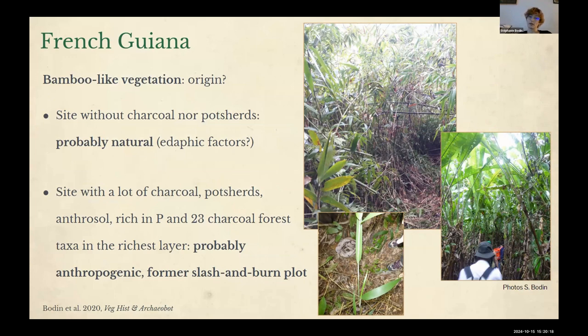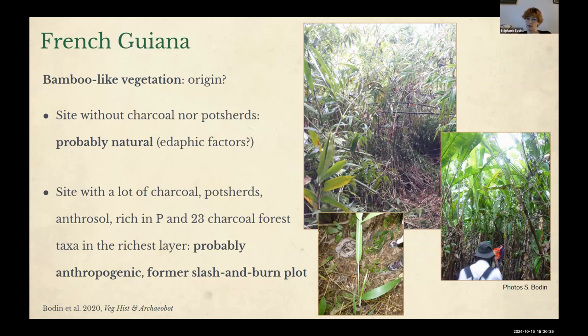But for another patch, there was an anthrosol with a lot of charcoal and potsherds. It was enriched in phosphorus, and I could identify 23 different taxa in the richest layer. And that's important because if you imagine a natural fire, the trees would burn where they stand.